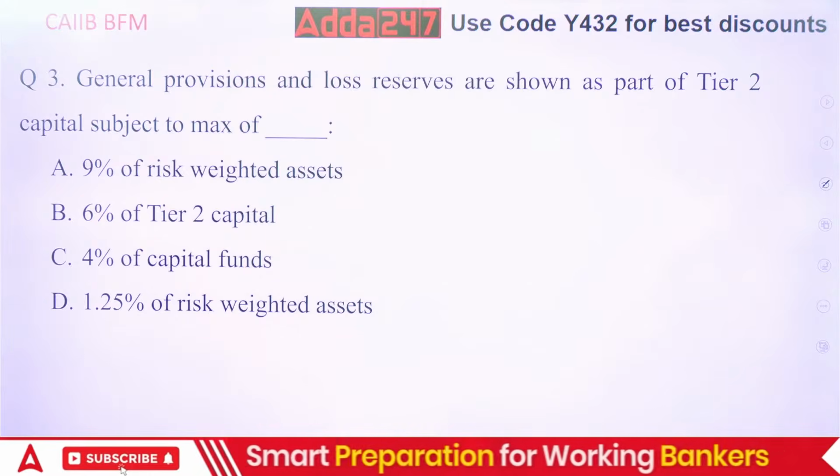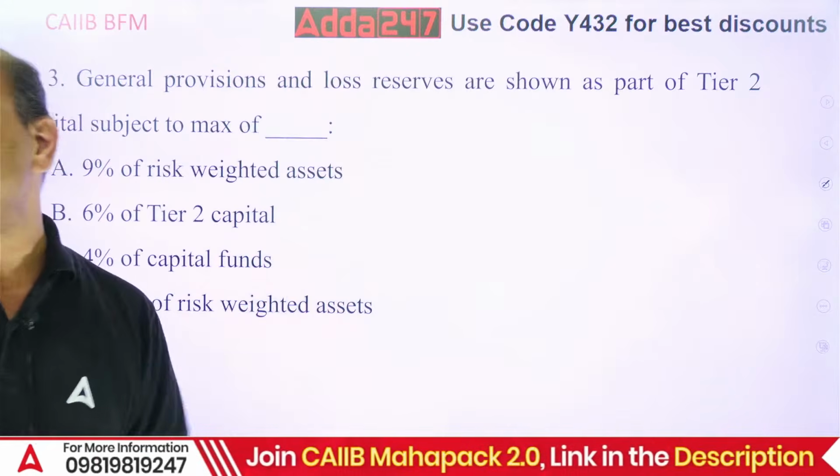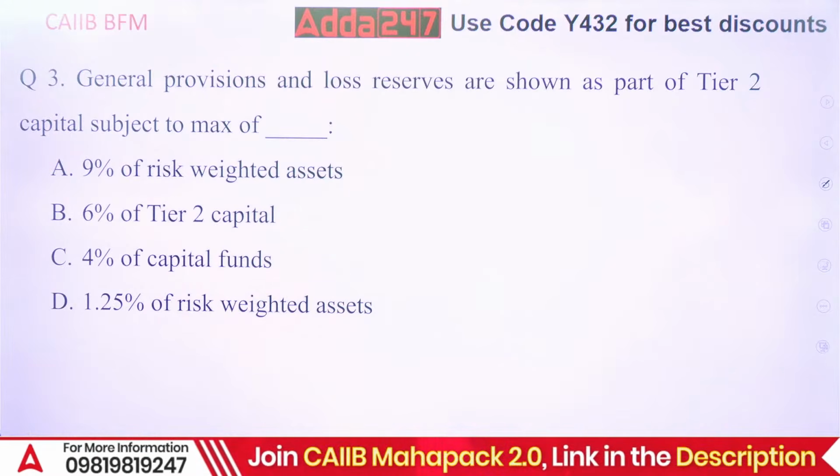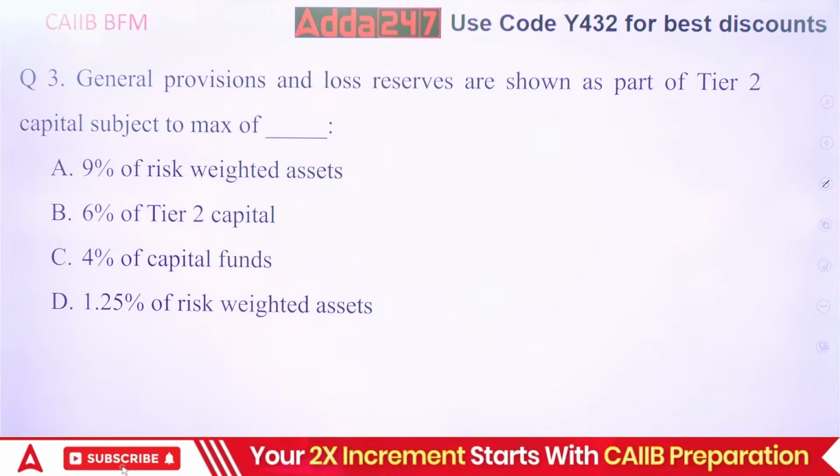Next, general provisions and loss reserve are shown as a part of tier 2 capital, subject to a maximum of a certain percentage. This is also a very important question. You will get one question in the exam on this. All those, kindly follow this.